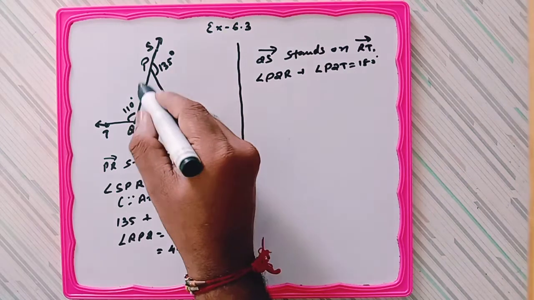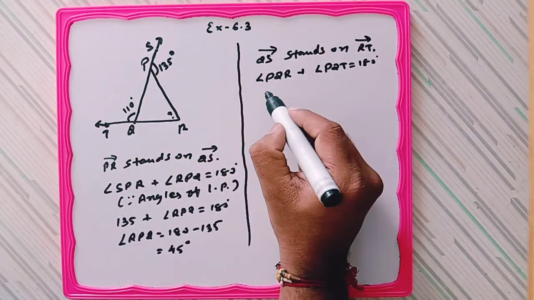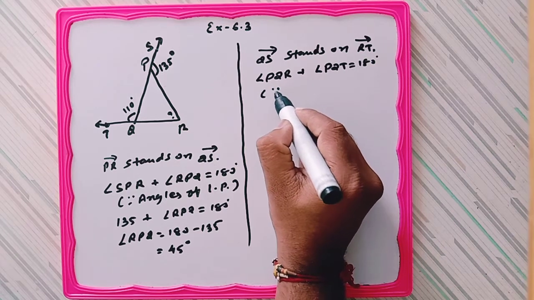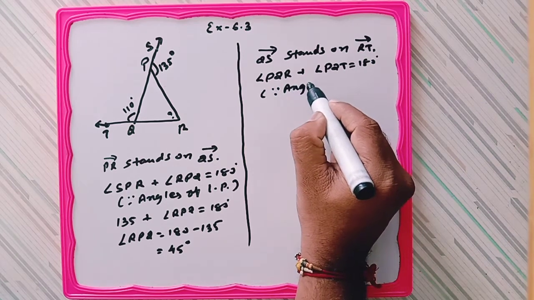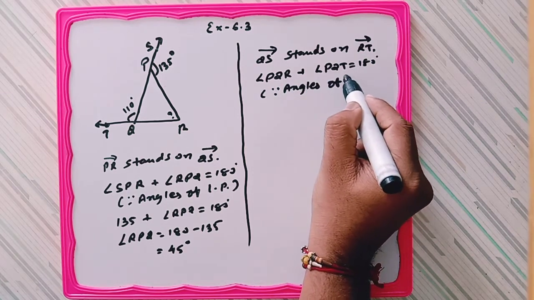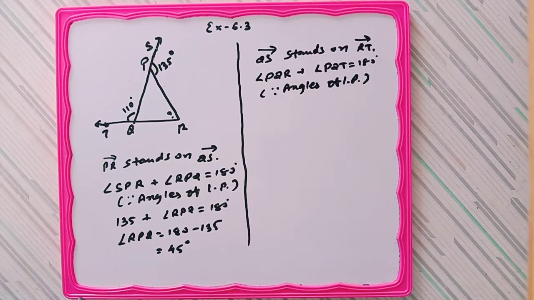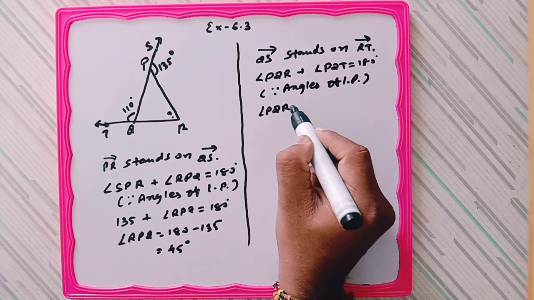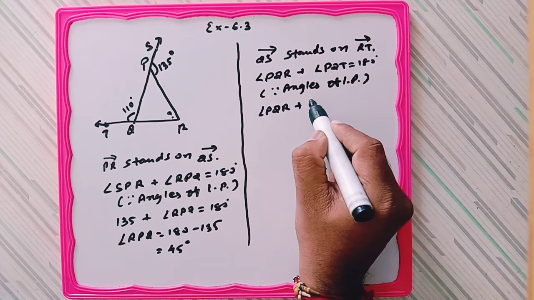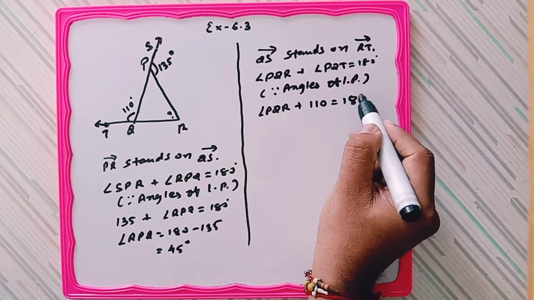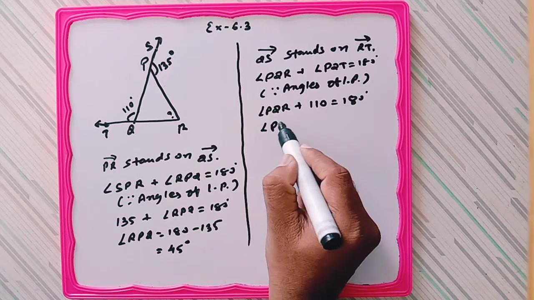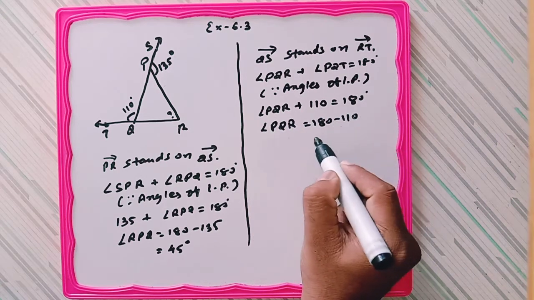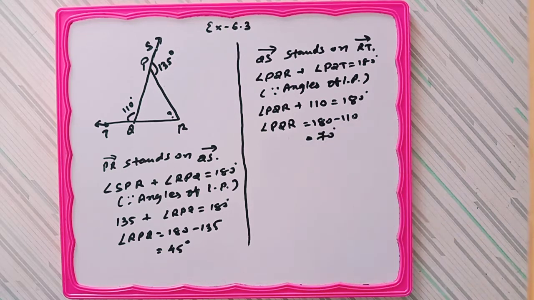Again PQR and PQT are angles of linear pair, and so reason we will write angles of linear pair. So angle PQR plus 110 equals 180, and so angle PQR equals 180 minus 110, it is 70 degrees.